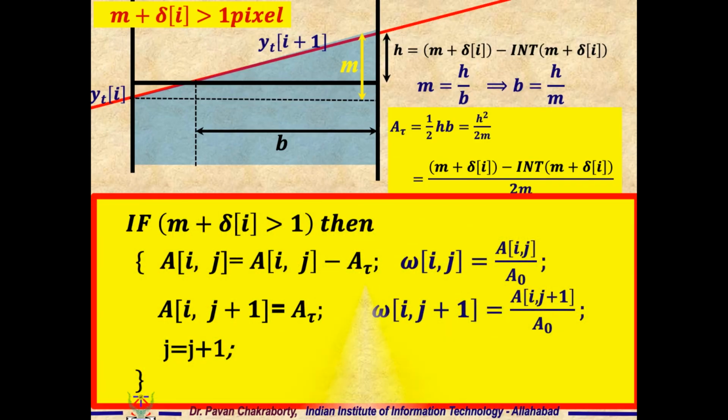Now we could put this condition: if m plus delta is greater than 1, then A of ij, which has been calculated previously, is equal to A of ij minus A tau, and consequently omega ij will be equal to A of ij upon A naught.